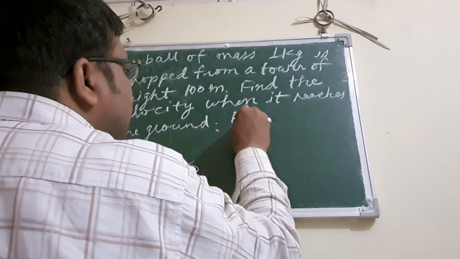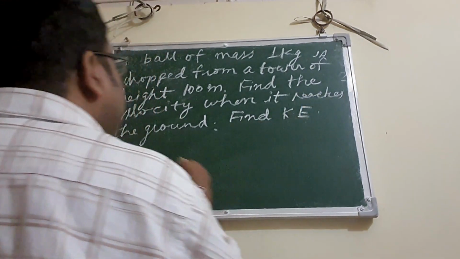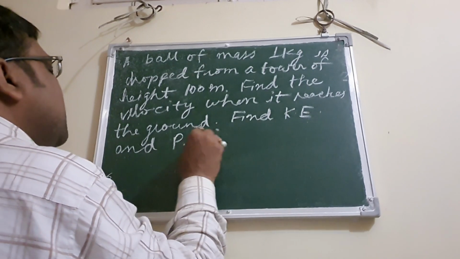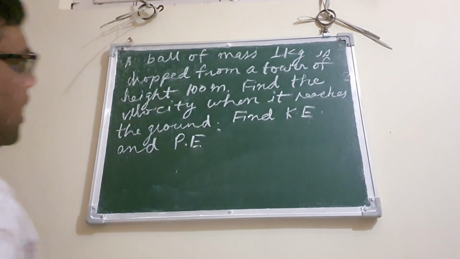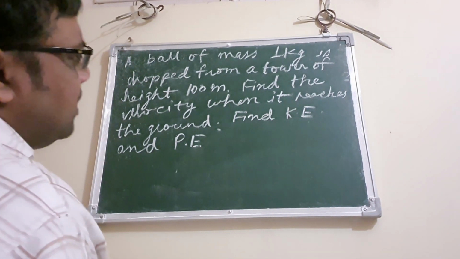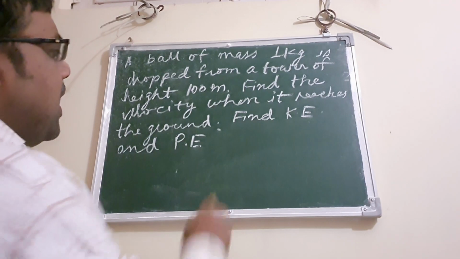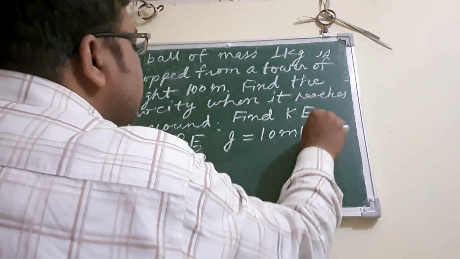Also find kinetic energy and potential energy. So here there is a ball. We will read the question once more, and the gravity is 10 meter per second square.